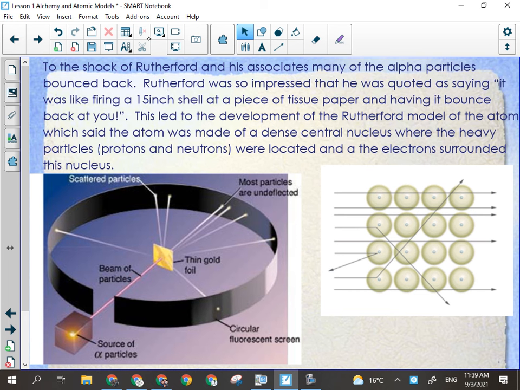Right? Now, when he told people this was what he was going to do, they laughed at it. What did they think was going to happen? Like you got a light source and you got something that's solid and you're shining the light at it. What's going to happen? Nothing. Okay? They're like, are you nuts? Like, you know what happens. Like if I put a piece of paper in front of a flashlight, the light doesn't go through. Right?